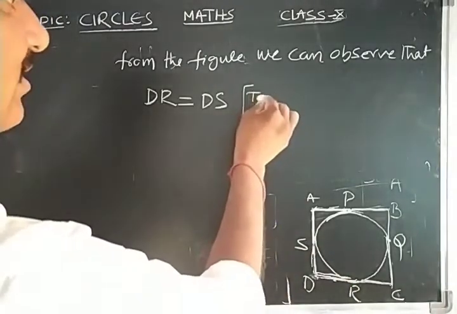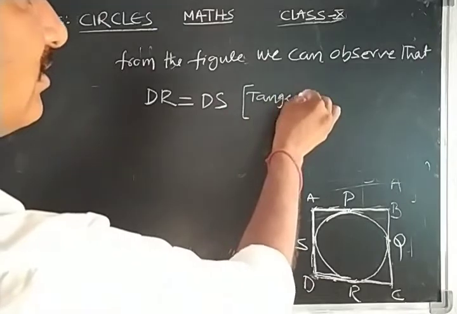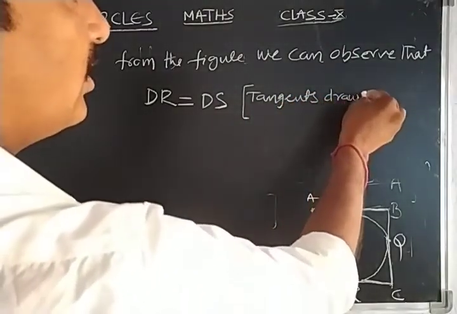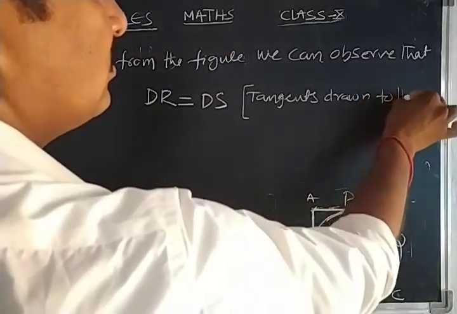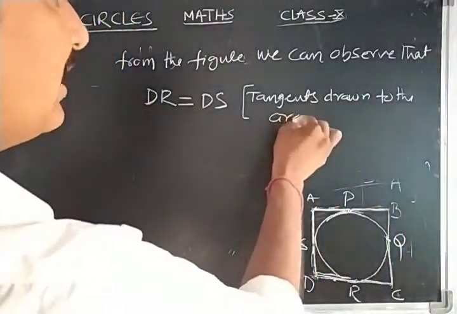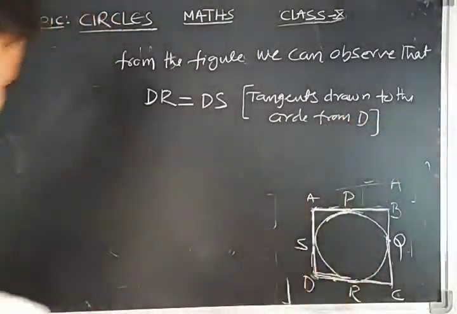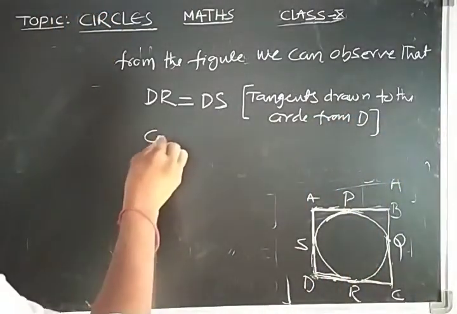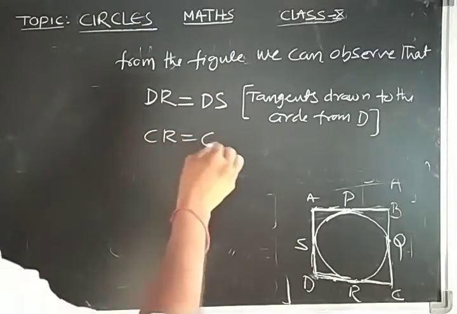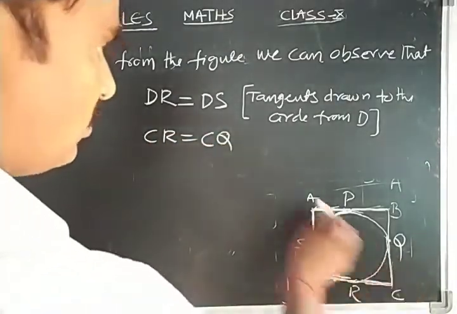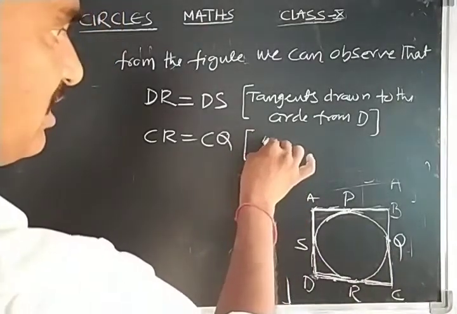So tangents are drawn to the circle from D. Next, CR is equal to CQ. Again, why? What is the reason? Same reason.